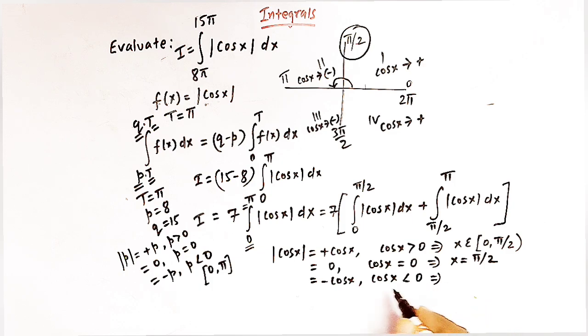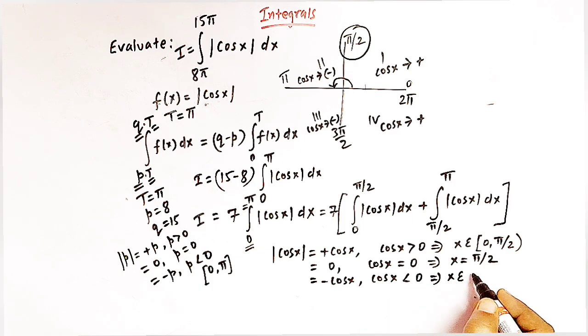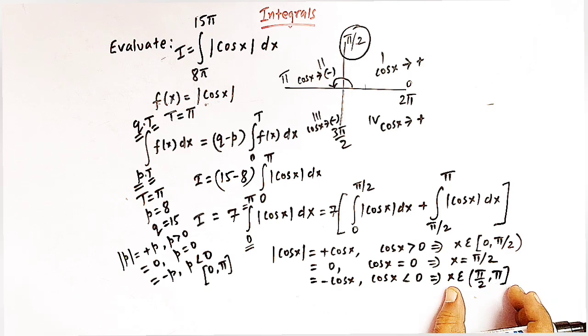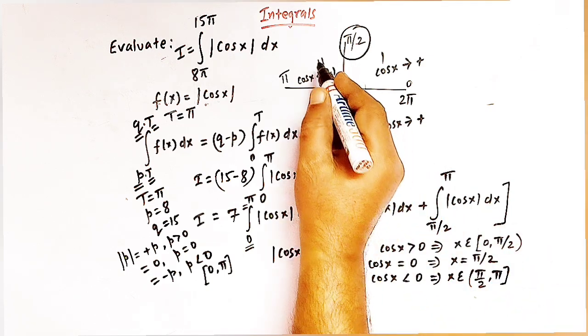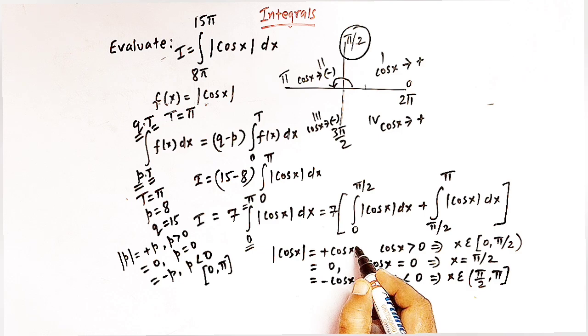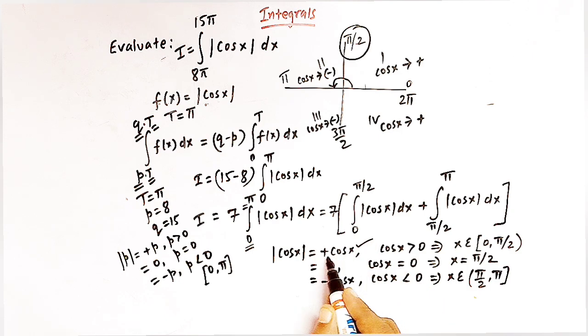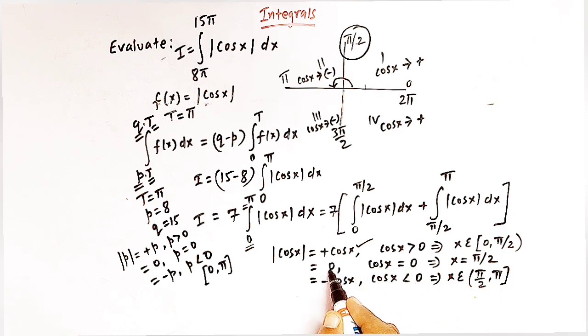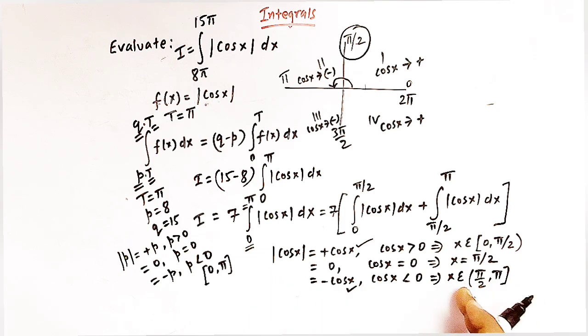And when cos of x is less than 0, it implies that x belongs to the interval from pi by 2 to pi, right? So this interval indicates the second quadrant. So in the first quadrant, the cosine function is positive. At x equal to pi by 2, the cosine function is 0. And in the second quadrant, the cosine function is negative when x belongs to this interval, right?